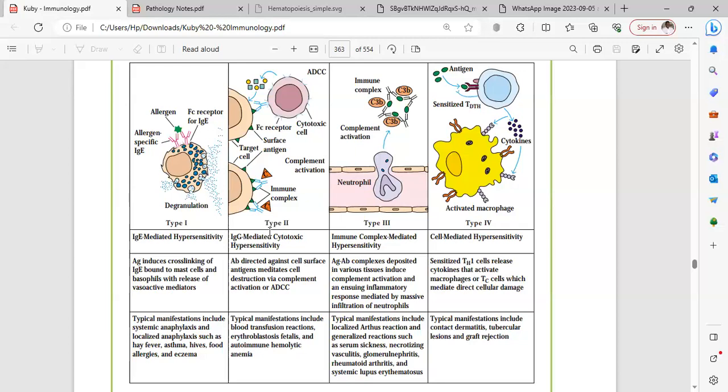I was thinking, during these allergies like eczema, and especially asthma, we usually expect more eosinophilia because they promote the inflammation which is usually associated with asthma.